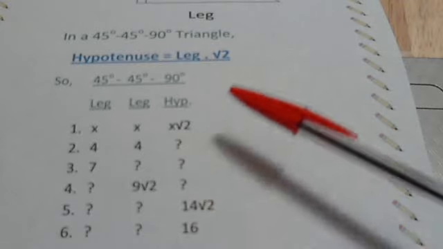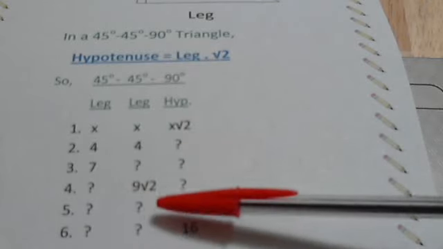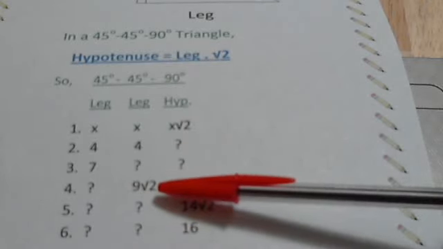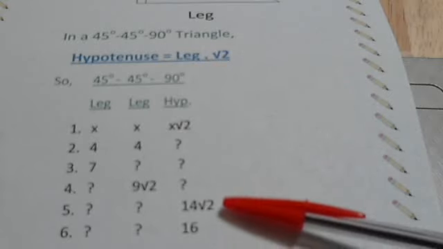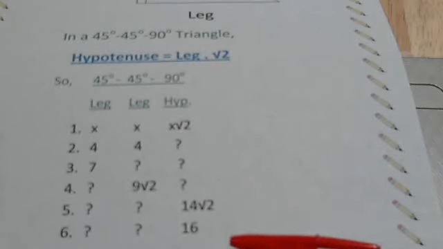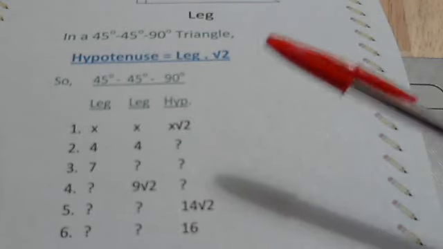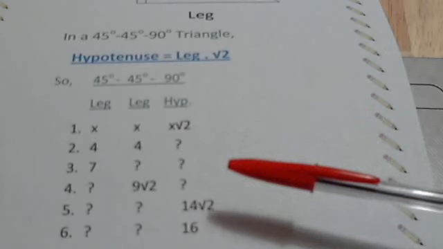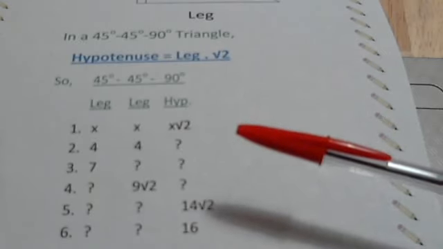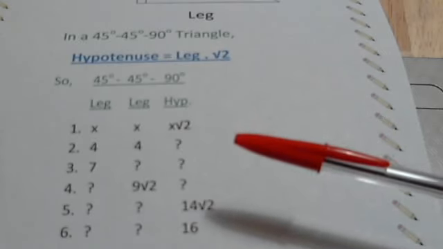In number 3, you're given the leg. Number 4, you're given a leg also. Number 5, you're given the hypotenuse. And number 6, you're given the hypotenuse. Now, I'd like to see how you work these problems. Do not guess, do not copy. I await your answer. All right, Shaggy, take us out.